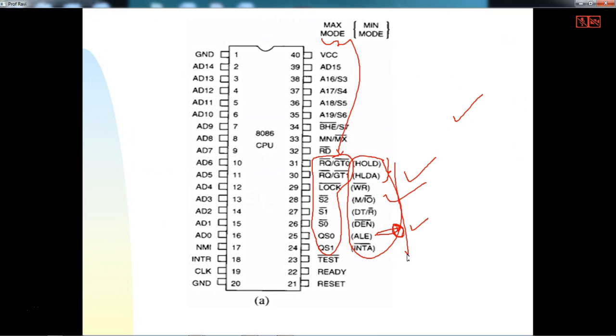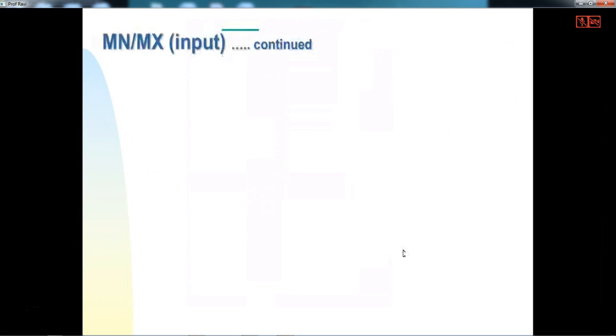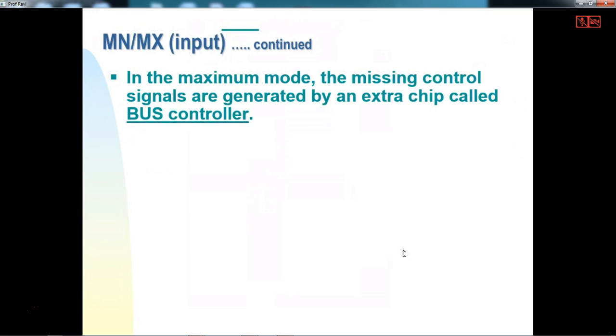In maximum mode, the missing control signals are generated by using an extra chip called a bus controller. Here we use the 8288 bus controller, which needs to be interfaced.